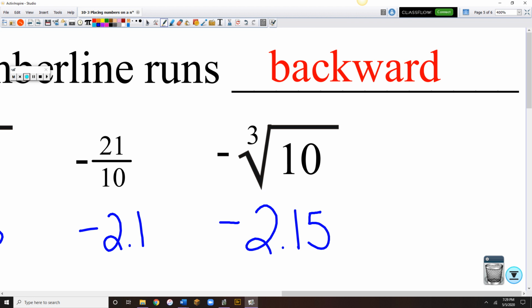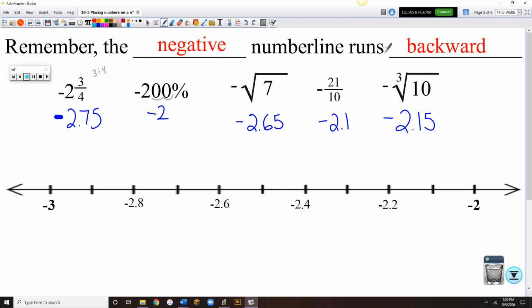Okay. So now we've got our decimals. That helps us find the position on the number line more easily. Okay, so our first one is that -2.75. So I know the -2.7 is right there, in between -2.8 and -2.6.